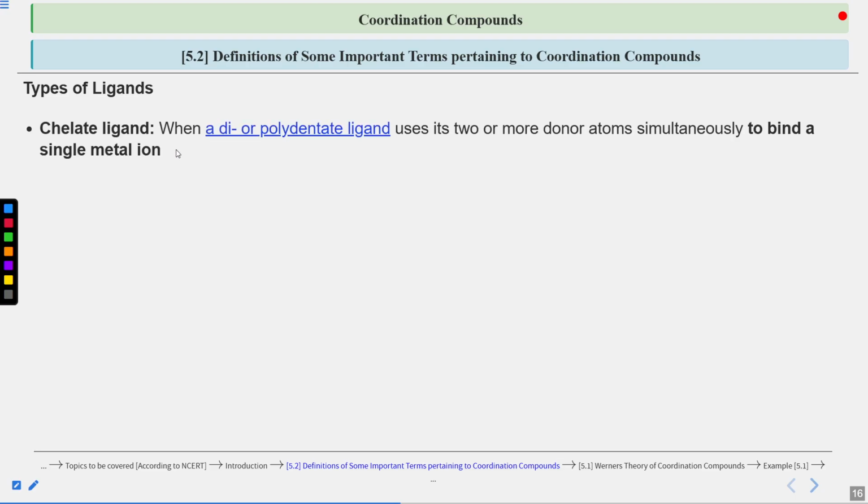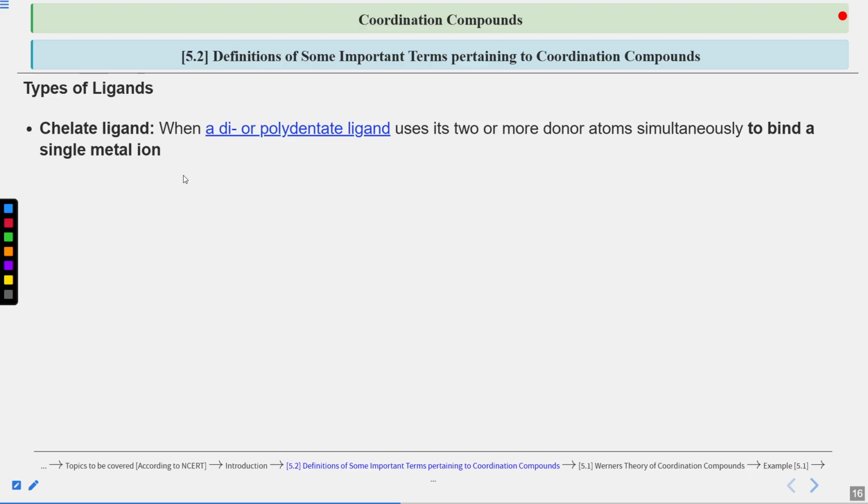Next type of ligand is chelate ligands. When a di- or polydentate ligand, di meaning 2 donor atoms are present, poly meaning more than 2 donor atoms are present in the ligand, uses its 2 or more donor atoms simultaneously to bind to a single metal ion.